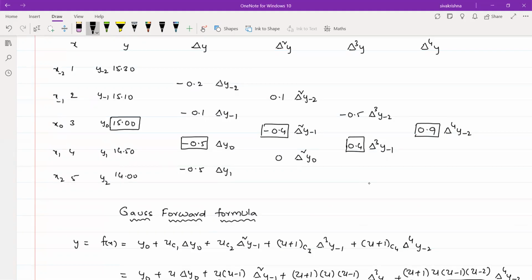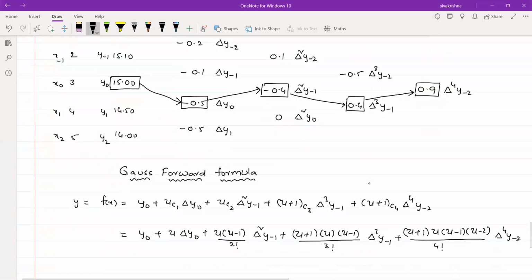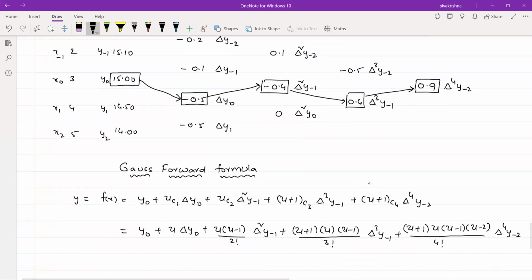After circling all these values, we have to draw arrow marks, in this way. So these are the values we require to substitute in the formula.